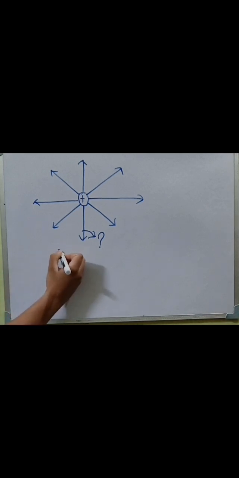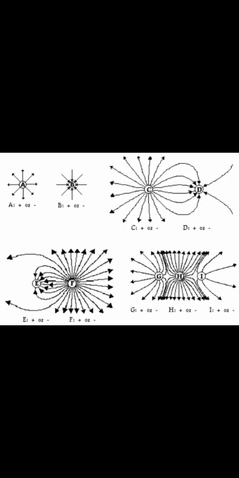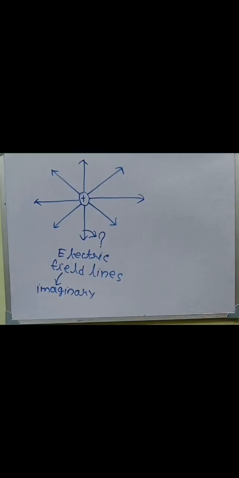Now you all might be wondering what those lines are, right? These lines are electric field lines. Electric field lines are imaginary lines. They are used to visualize the shape or how the electric field is distributed over space. Different charges or charge systems will have different types of electric field distributed over space.